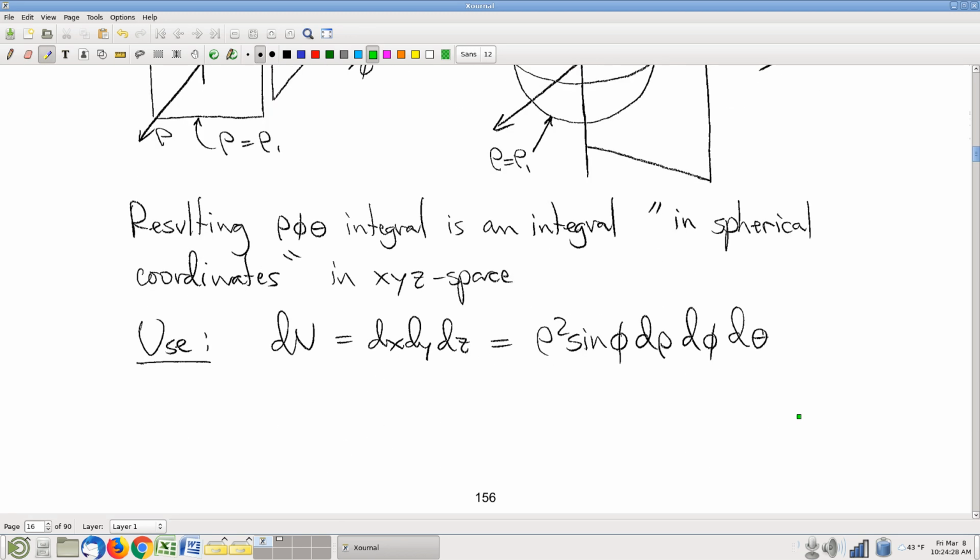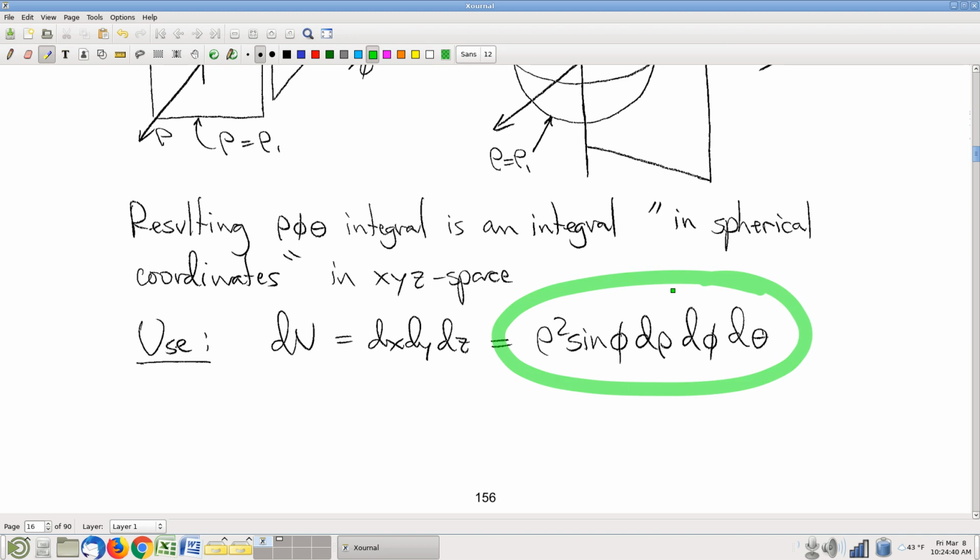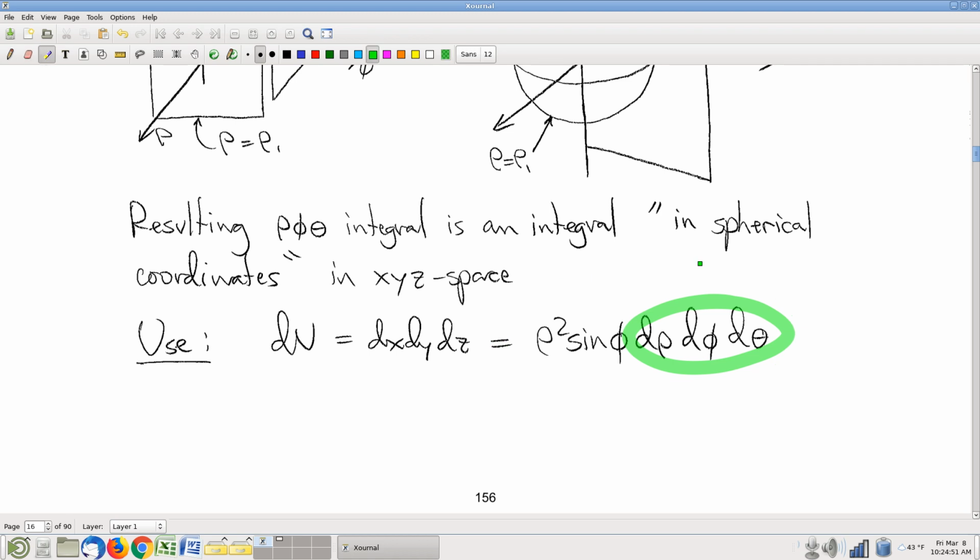Where we left off last time, your volume differential, that you write as dx, dy, dz for rectangular coordinates, is what it is then for integrals in spherical coordinates. Don't forget your stretching factor. Don't ever write this down without it. There's no reason to write this down by itself. Why would you do it?